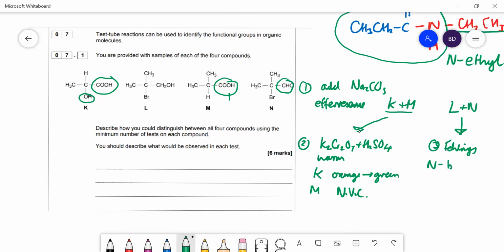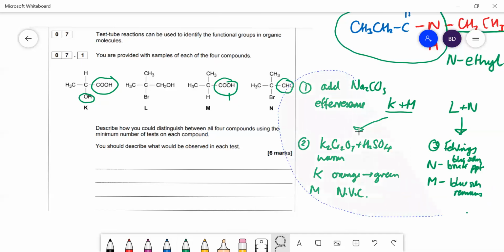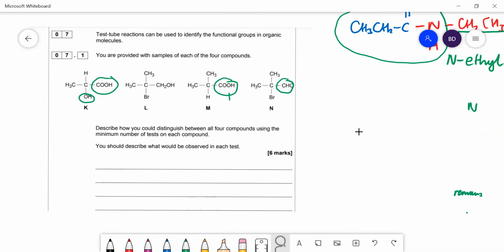You'll get a brick red precipitate with N, and there'll be no visible change with M. So this is going to be blue solution to brick red precipitate. Probably best to say that on the safe side, rather than just brick red precipitate. With M, the blue solution just remains. So you can do it that way using 3 tests. There's another way you can do it with 3 tests, so I'll just do that. There are other ways. That, to me, seems the most obvious way of doing it.